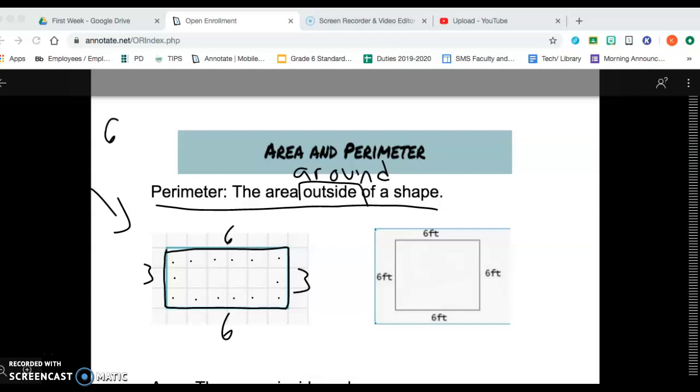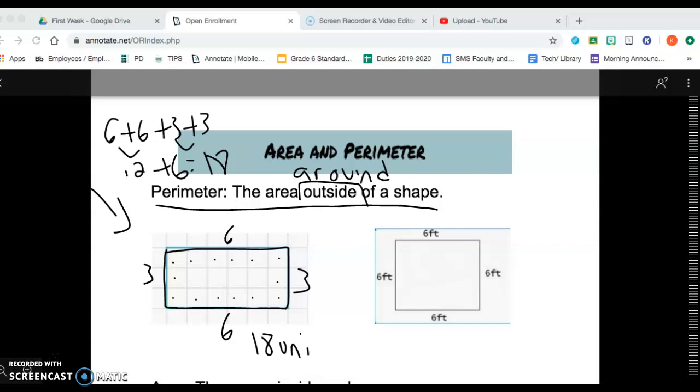We could do 6 plus 3 plus 3. So 6 plus 6 is 12, 3 plus 3 is 6, and then 12 plus 6 is going to give us 18. So this is 18 units.